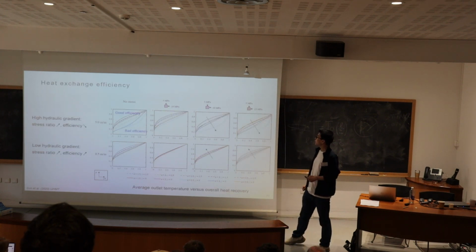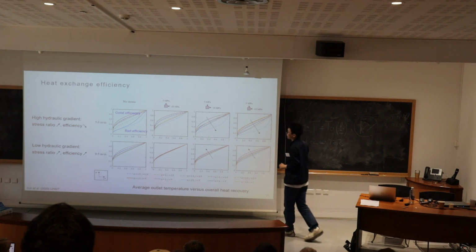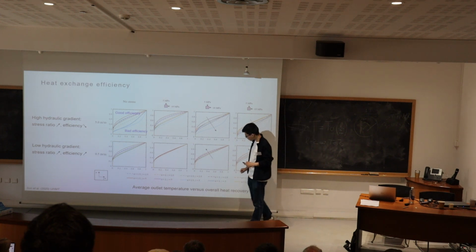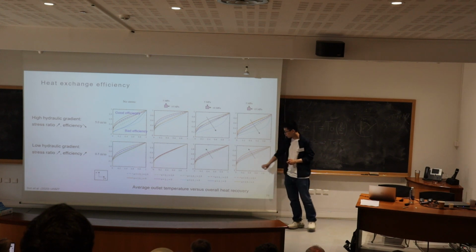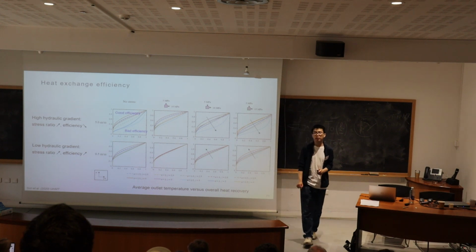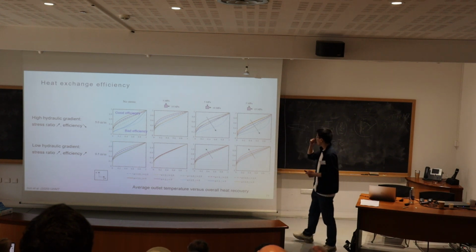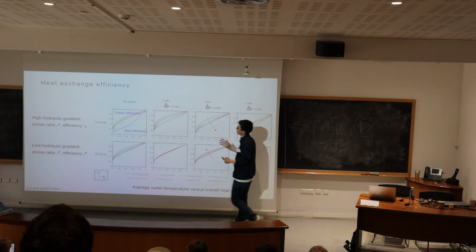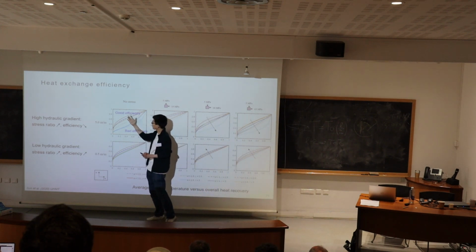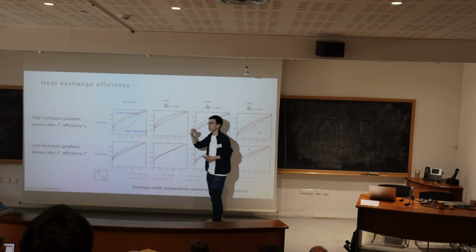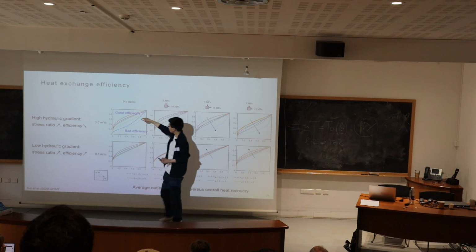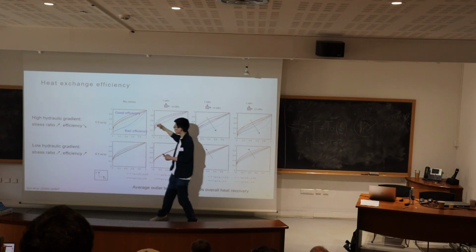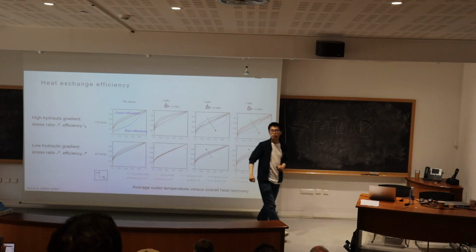And what I want to show is this heat exchange efficiency, which can be analyzed by plotting the average outlet temperature versus the overall heat recovery. If this curve is bending upward, it indicates a good heat extraction efficiency. If it's bending downward, it is a bad efficiency.